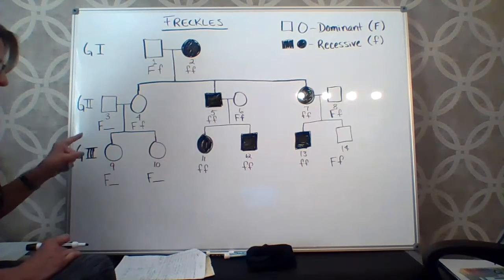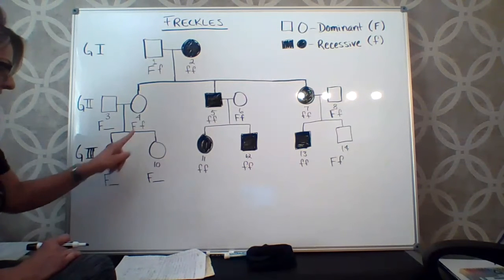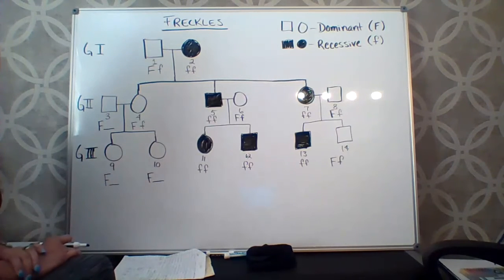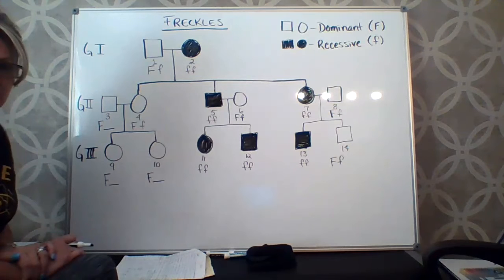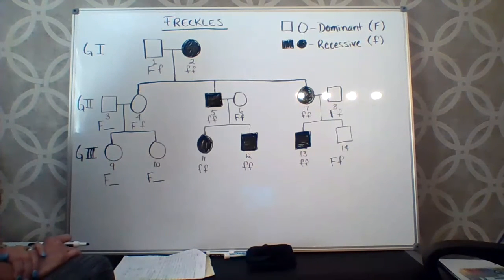So it could be that dad is heterozygous, correct? And that they got, just like for mom, they could have gotten that recessive trait, or dad could be homozygous dominant. But right now I don't know.